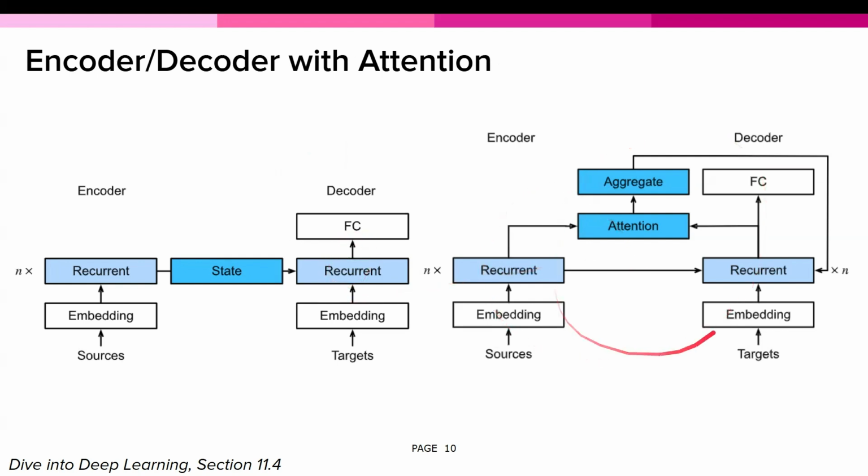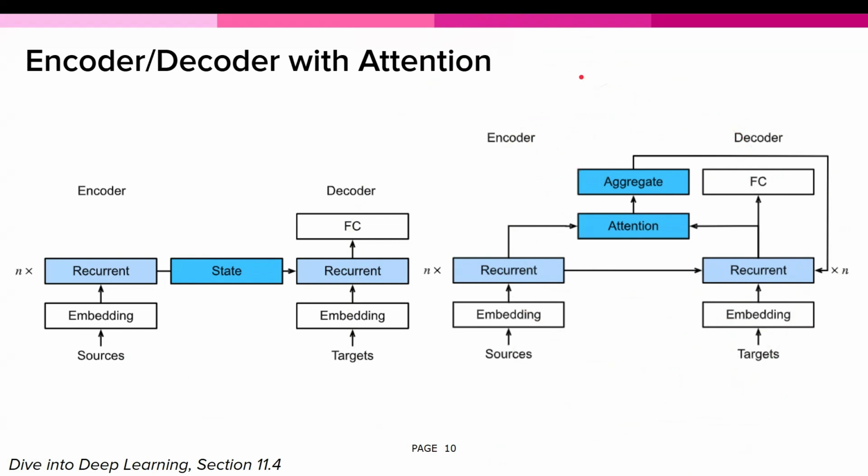The encoder decoder architecture with attention essentially takes a step towards cutting out the middleman, to allow the encoder and the decoder to talk to each other directly.